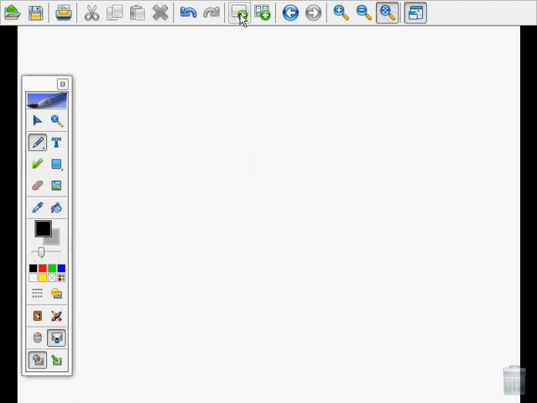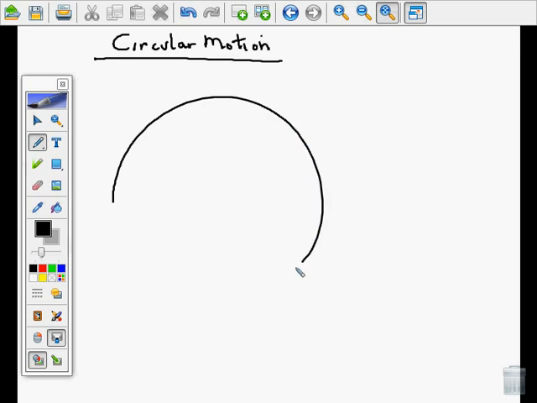Okay, next, circular motion. If the object's going in uniform circular motion, you need to know that the velocity is always tangent to the circle.